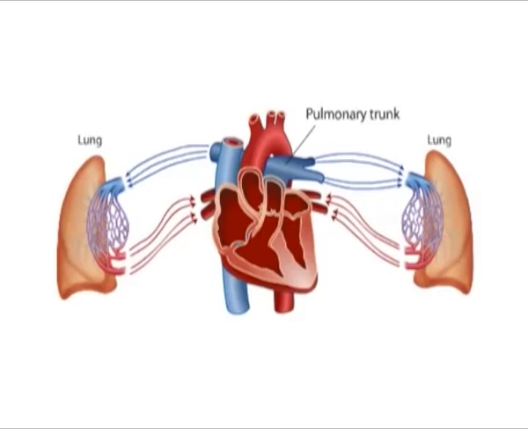From here, it enters into the pulmonary circulation through the lungs, where it receives oxygen and gives off carbon dioxide. Oxygenated blood then returns to the left atrium, passes through the left ventricle and is pumped out through the aorta to the systemic circulation, where the oxygen is used and metabolized to carbon dioxide.